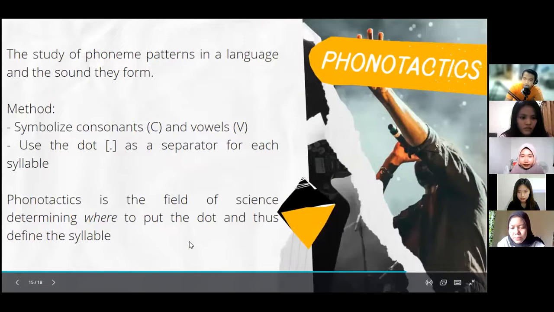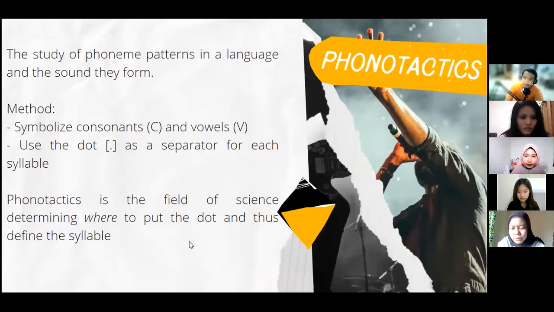All right, moving on to the next one, which is phonotactics. So what is phonotactics? Phonotactics is the study of phoneme patterns in a language and the sounds that they form. This is usually called syllables, right? How we do it in phonotactics is that first we must symbolize the consonants and the vowel sounds in a word.